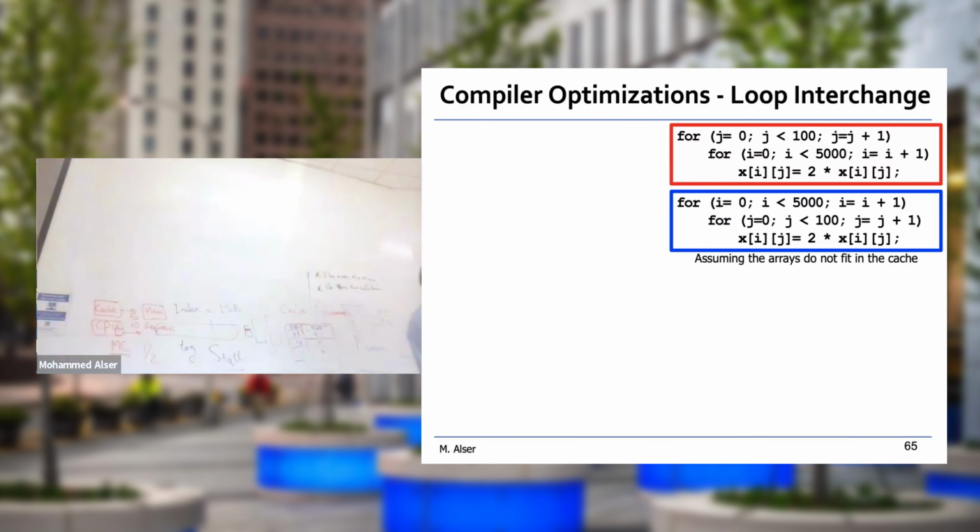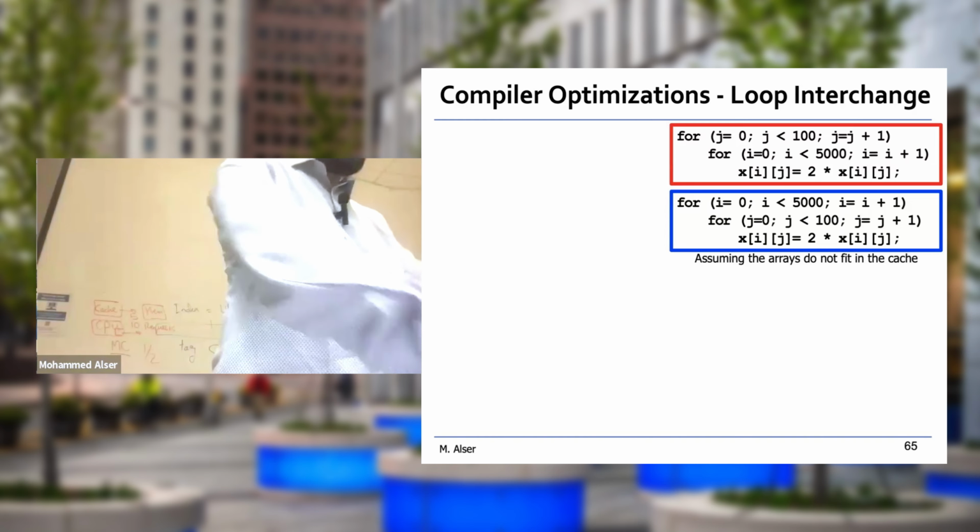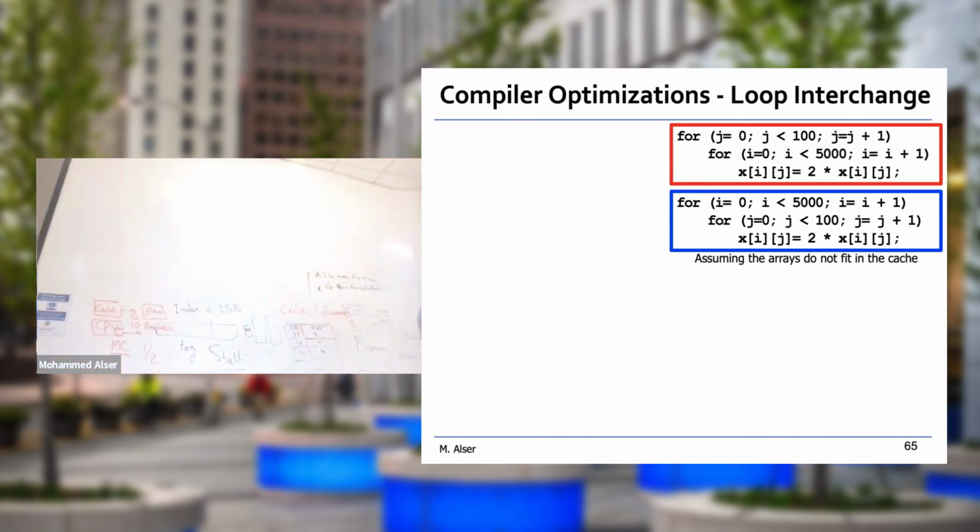Let's see the first one. Here's an example. There's a for loop, and another for loop. The first for loop iterates over the J's, and then the other for loop iterates over the I's, okay? And there's a matrix, apparently a 2D matrix, so I'm accessing rows and columns.